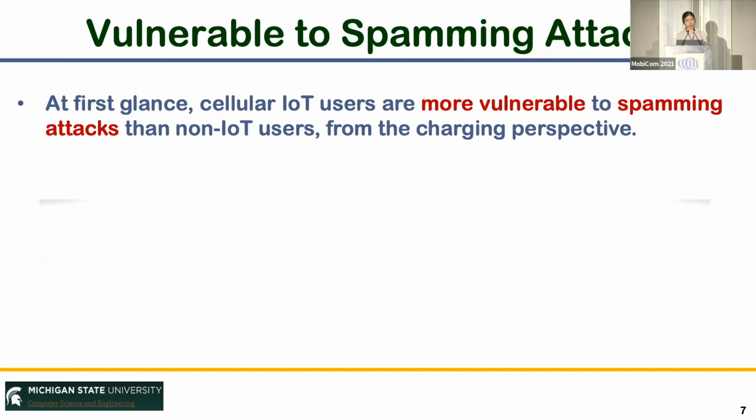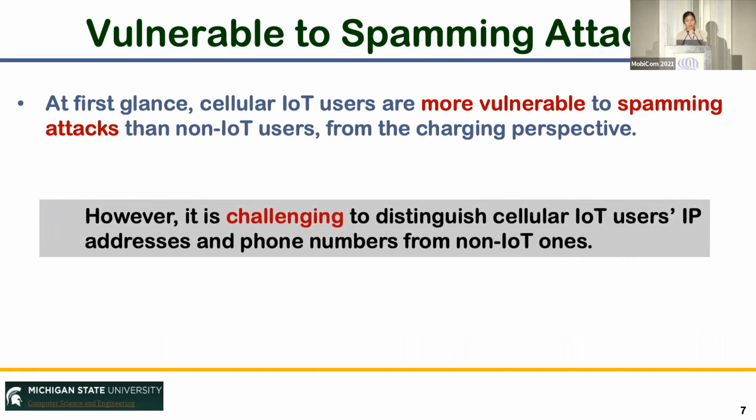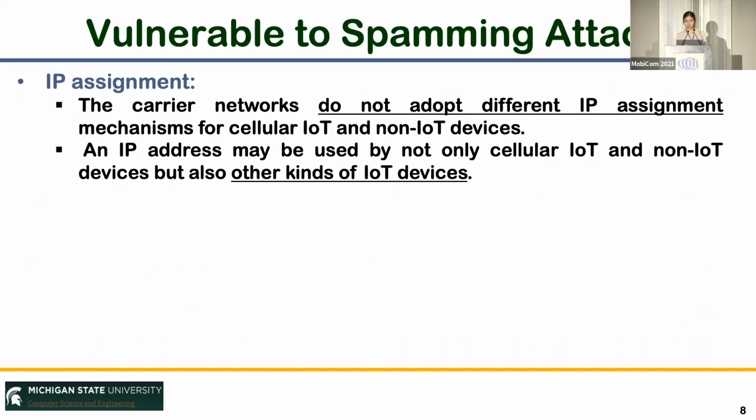However, it is challenging to distinguish their IP addresses and phone numbers from the non-IoT ones, for the following reasons. First, the carrier network does not adopt different IP assignment mechanisms for cellular IoT and non-IoT devices. So no difference can be observed from their IP addresses.